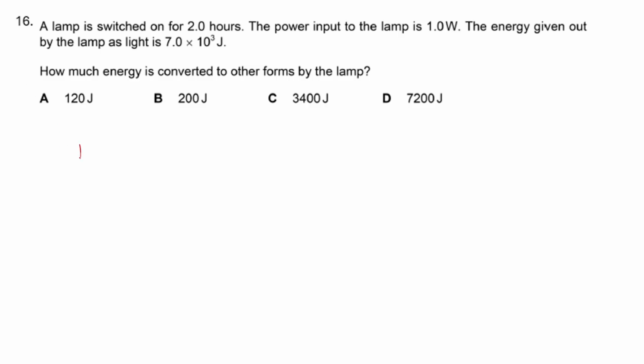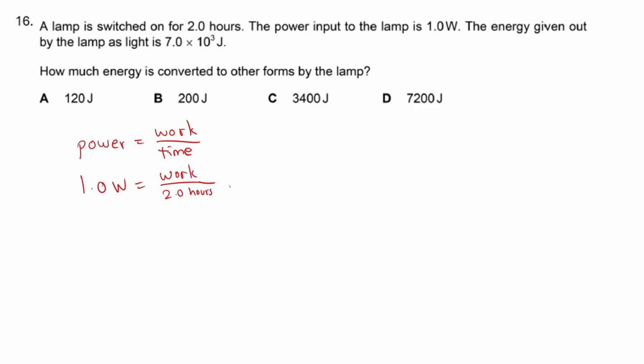So we know that power is equal to work divided by time. In this case, our power is 1.0 watts. Our work is to be determined, our total amount of work. And then our time is 2.0 hours.